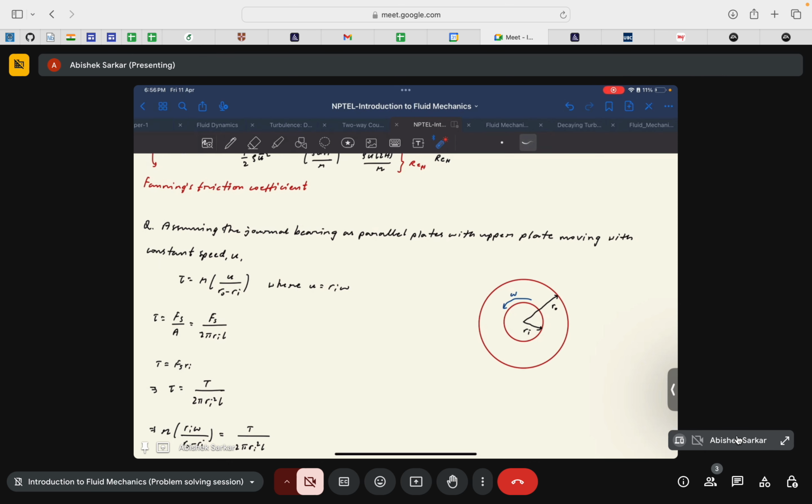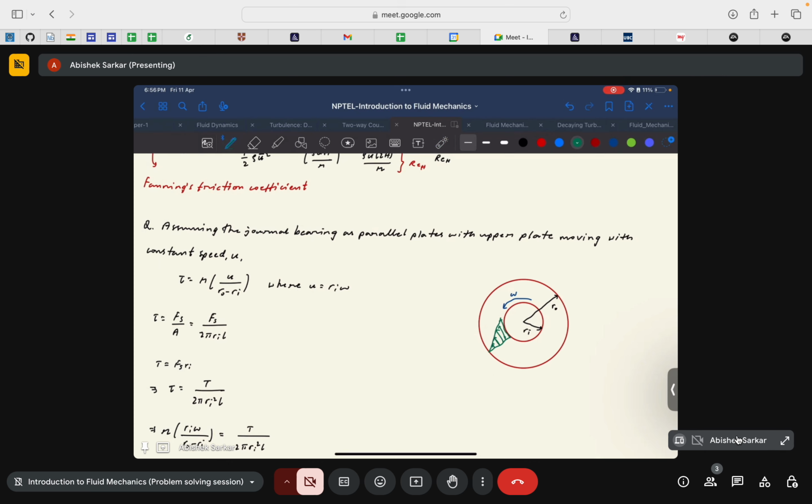Let me draw the velocity profile. It will be something like this, a linear velocity profile. Forgive my drawing. In the thin gap limit, we can get a linear velocity profile.